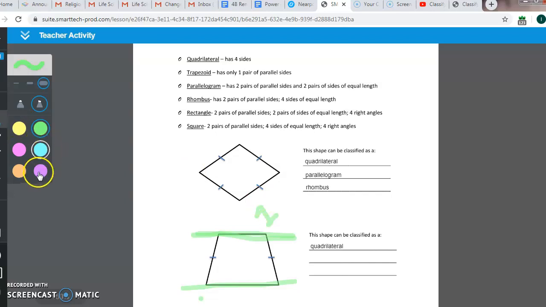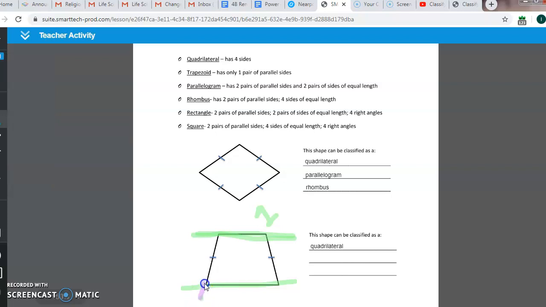Now I'm going to go ahead and grab a different color, and I'm going to perform my test of extending the lines on the left side and the right side. Now watch what happens as I extend my lines. Do you notice that these 2 lines intersect? They end up crossing each other.